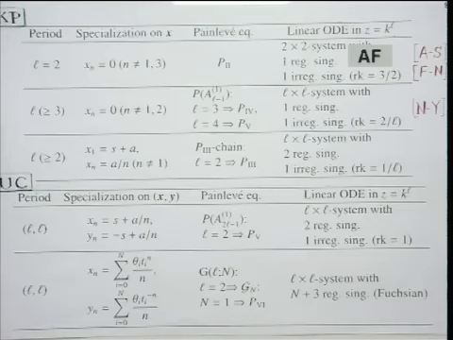So here is a result. For the KP case, if we choose L equal to 2 periodic, this is the KdV case, and the specialization is xn equals 0 for n not equal to 1 and 3. This means that except the first non-trivial ones, we eliminate all the time variables. Then the resulting Painlevé equation is P2.